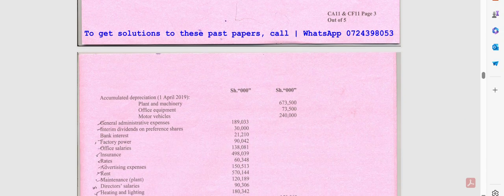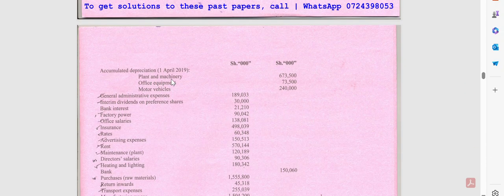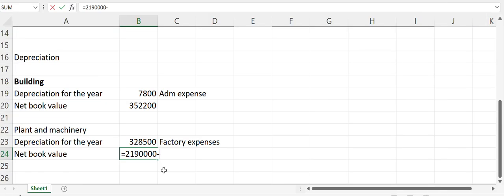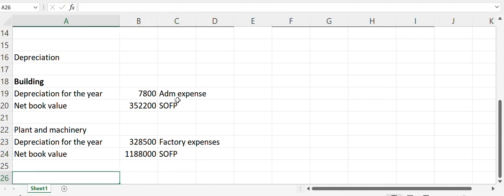Here it is, you can see here it is 673,500. Then we less depreciation for the year, which is 328,500. So that is our net book value. This one will be recorded in the statement of financial position.